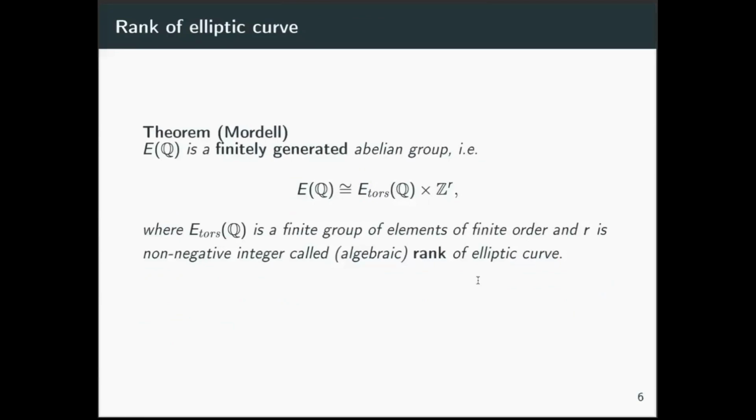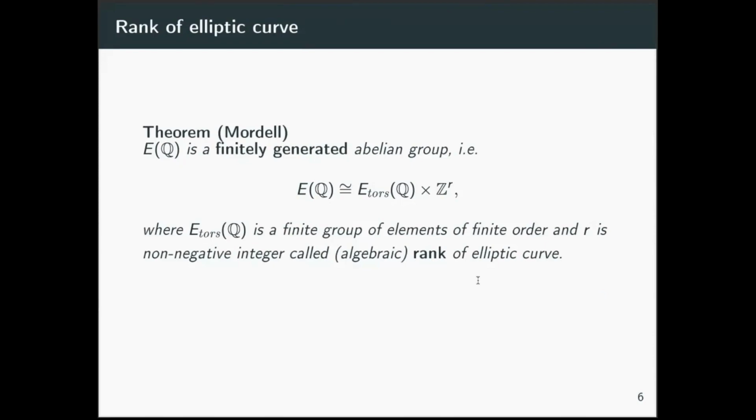And there's this famous theorem of Mordell, which says that this group is a finitely generated abelian group. What it means is that it's isomorphic to the product of some finite group and some R copies of Z. And that R is called the rank of the elliptic curve. For example, if the rank is equal to 0, then this curve has only finitely many points.